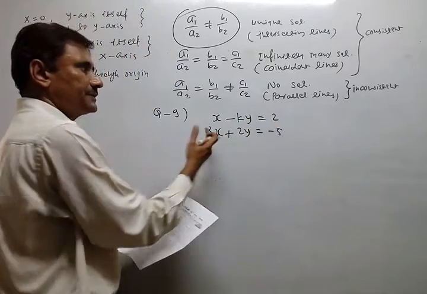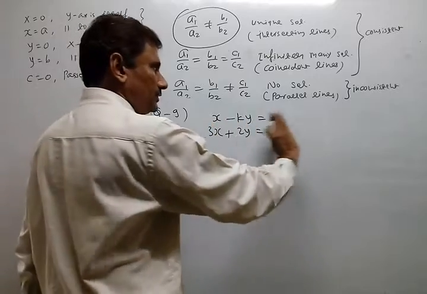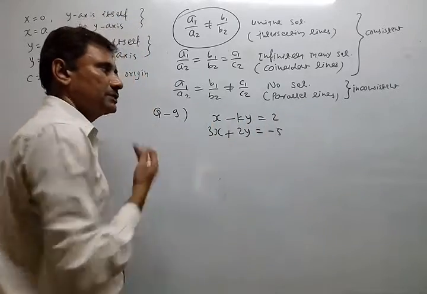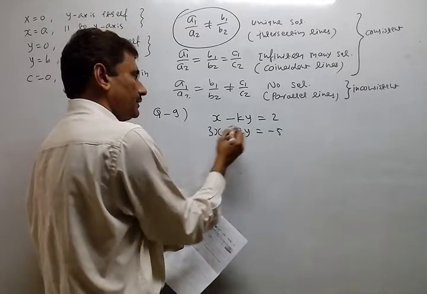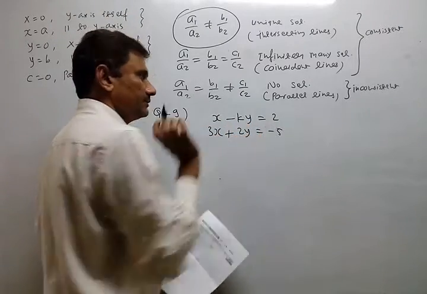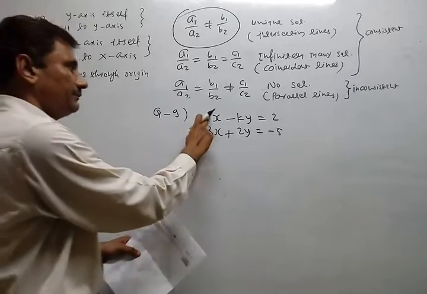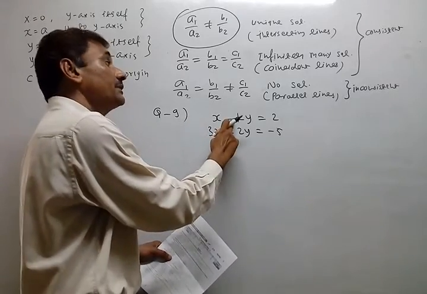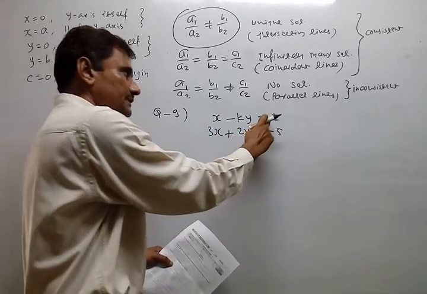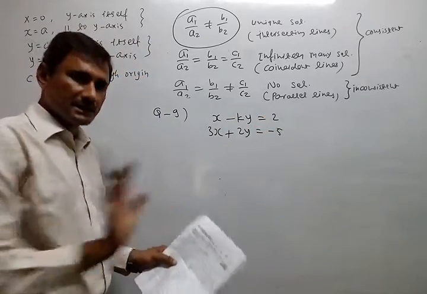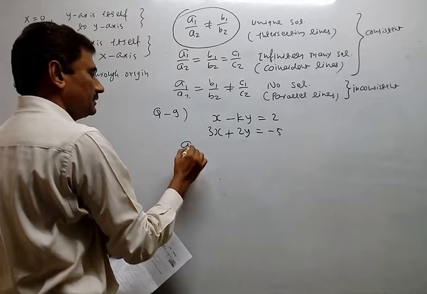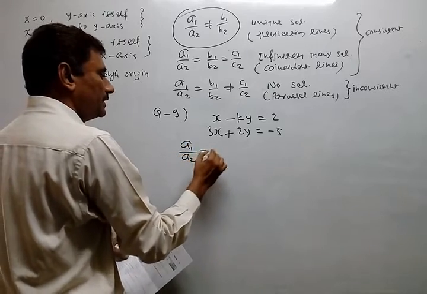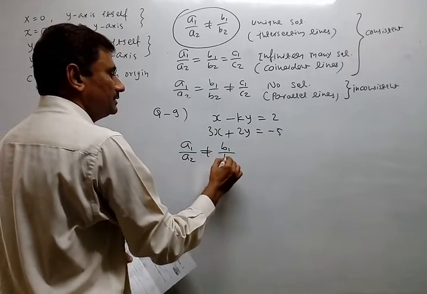No need of standard form. Either both numbers should be at the left side, or both at the right. So a1, a2, b1, b2, c1, c2: a1 is 1, a2 is 3, b1 is minus k, b2 is 2, c1 is 2, c2 is minus 5. Now write down that condition: a1 upon a2 is not equal to b1 upon b2.